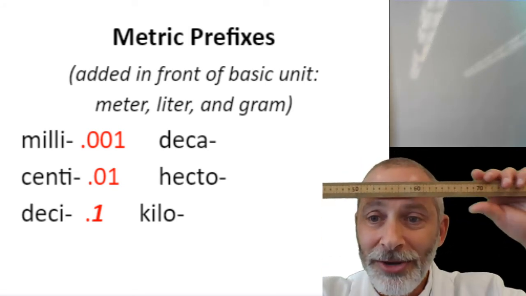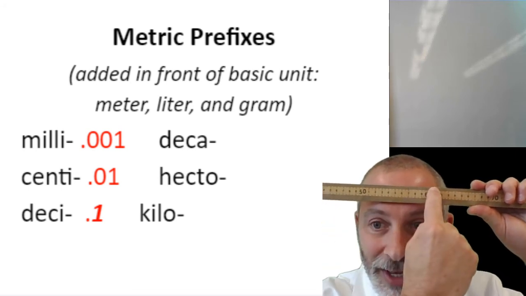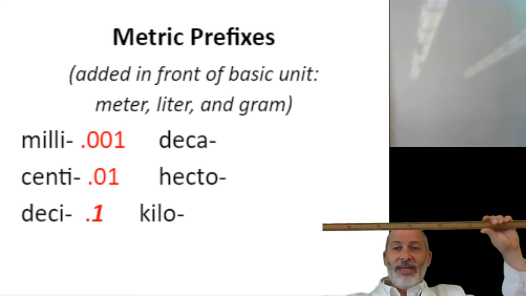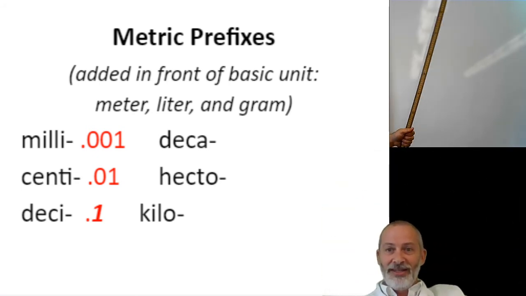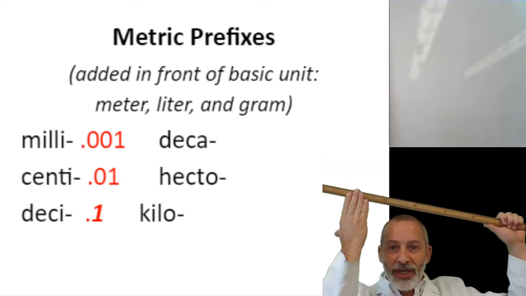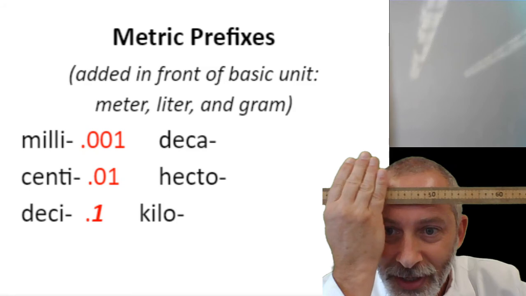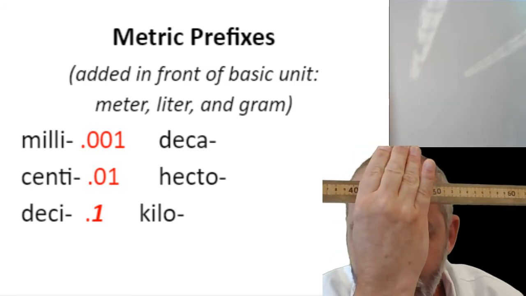So take our meter again, and these big bold numbers, divide this entire meter into 10 sections. So each one of those sections is 1/10 of a meter.